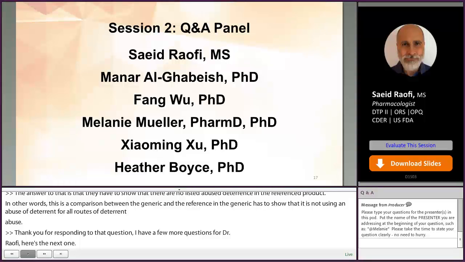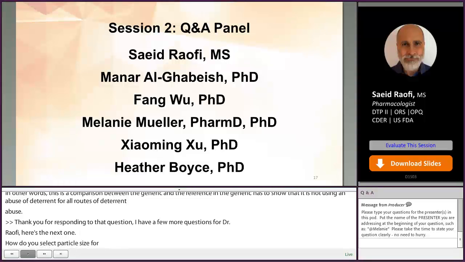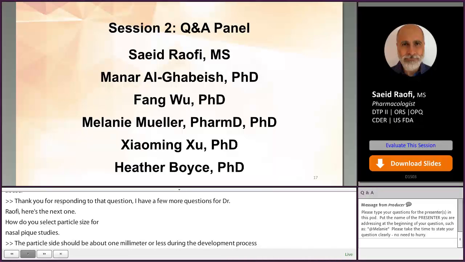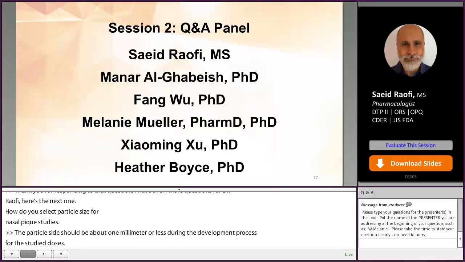The particle size should be a particle size that can be insufflated, and that's generally about 1 millimeter or less. And during the development process for the study doses, in the in vitro studies, they have to evaluate the particle sizes, and based on several factors such as drug load, drug loss.